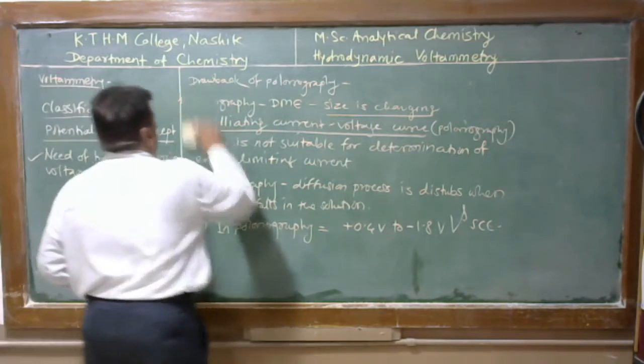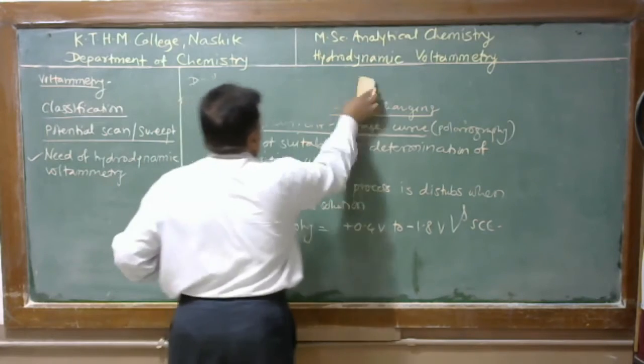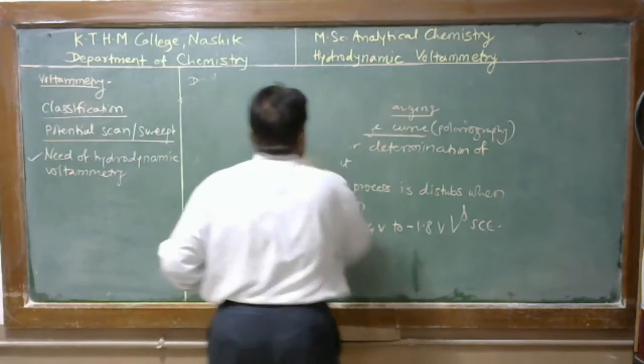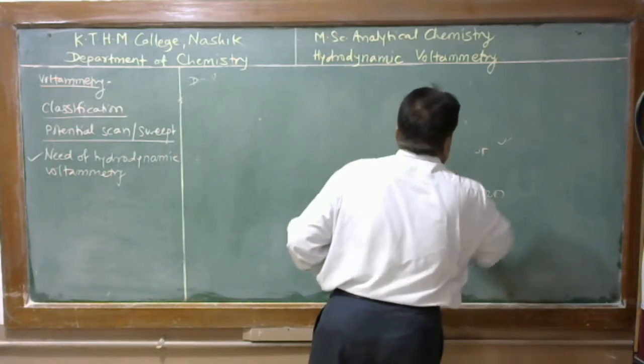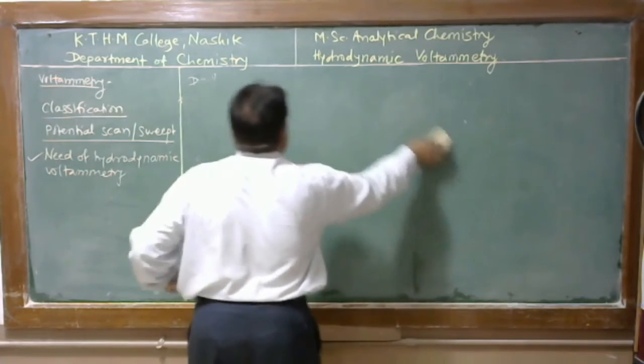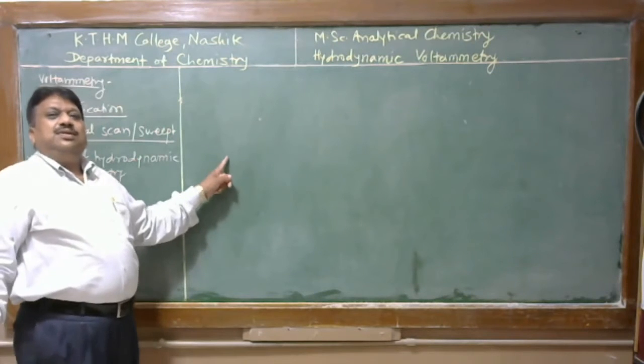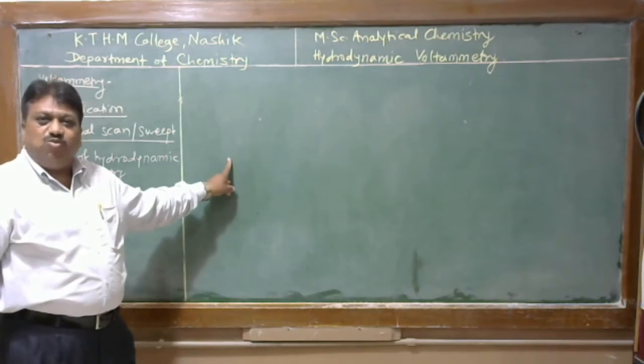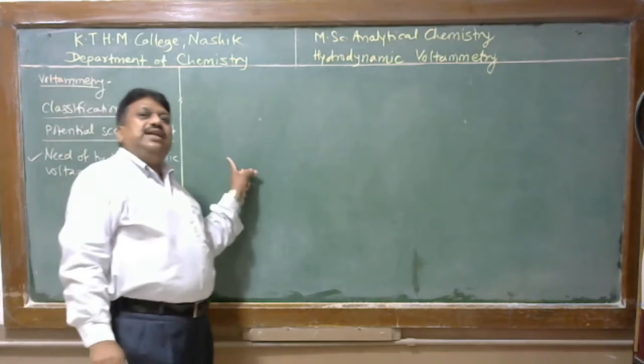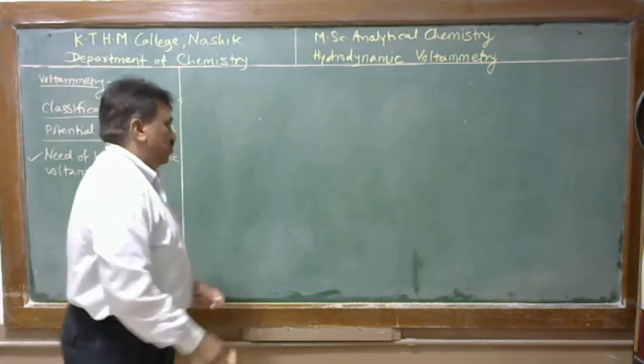Now, hydrodynamic voltammetry is superior over polarography. Hydrodynamic voltammetry is a name given to that voltammetry technique in which the analyte solution is continuously in motion while kept in contact with a stationary working electrode.